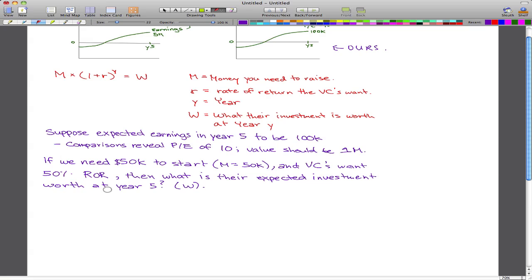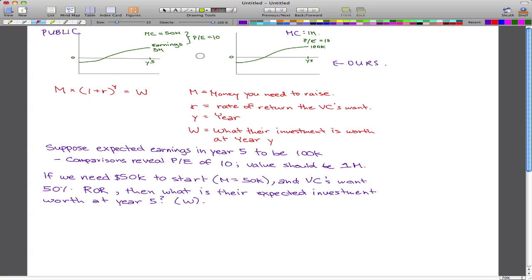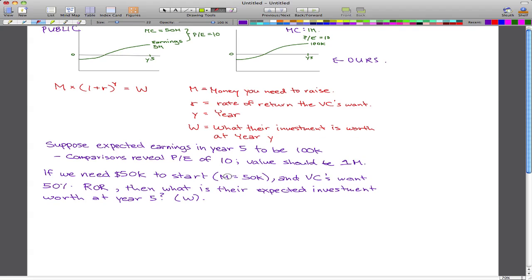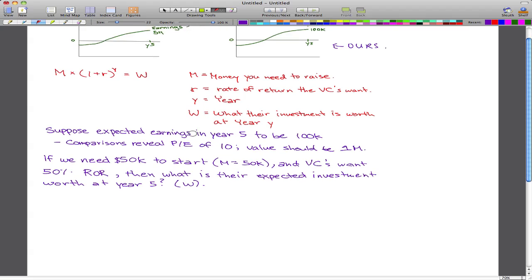Suppose the expected earnings in year five is 100K, and comparisons reveal that the price to earnings ratio was 10, like in this graph. So the value should be 1 million.